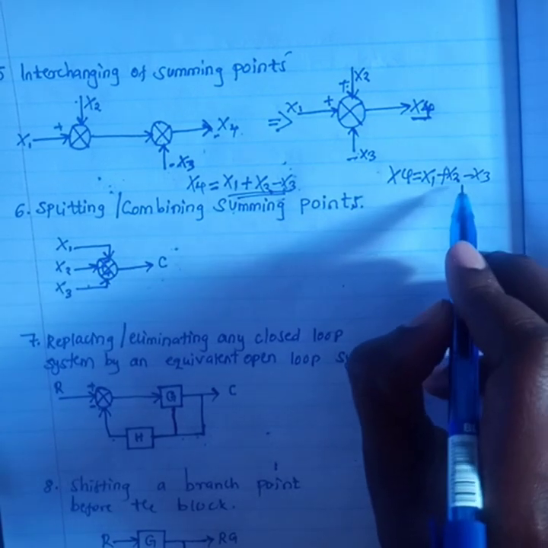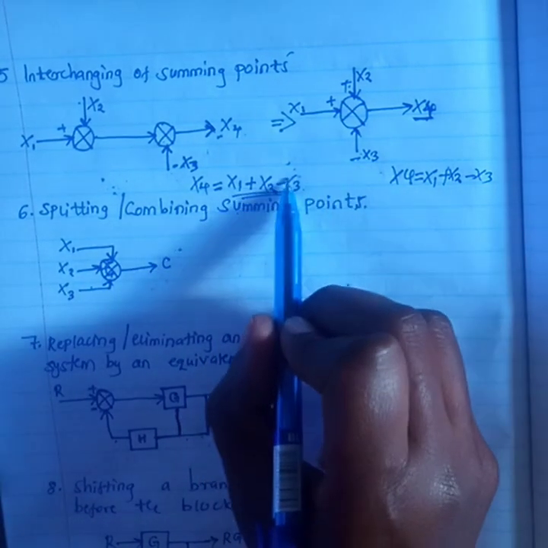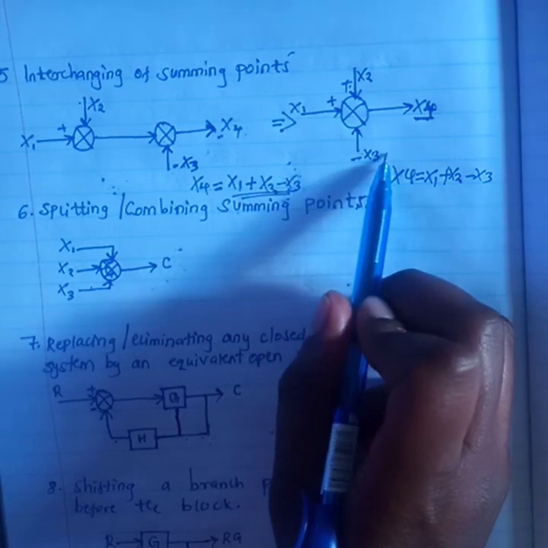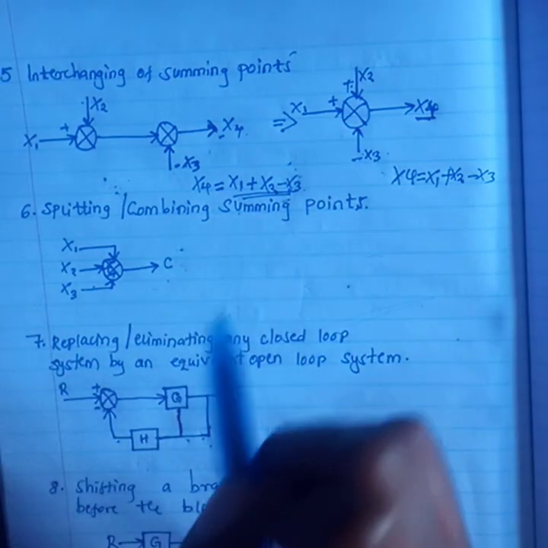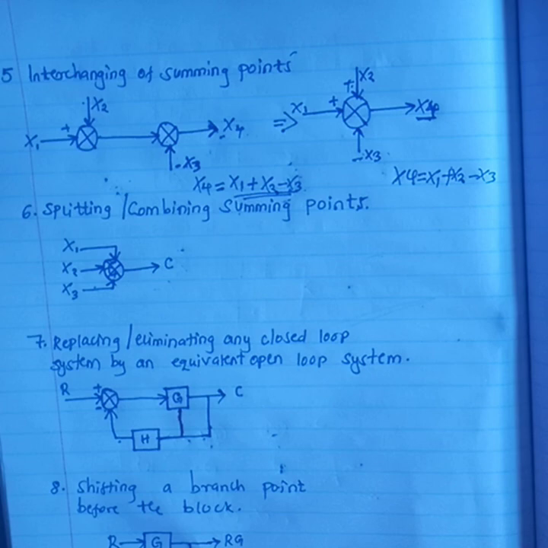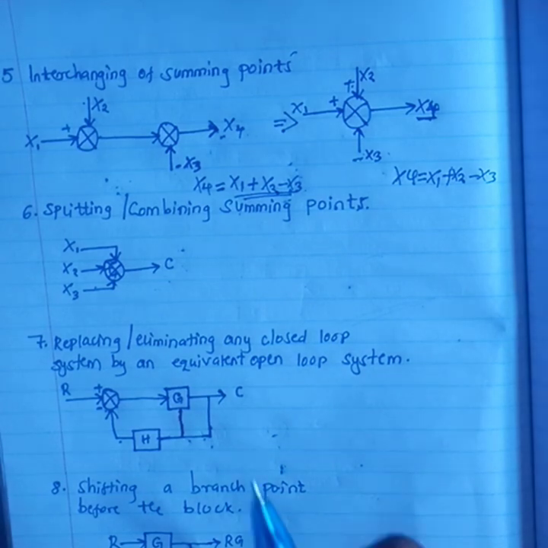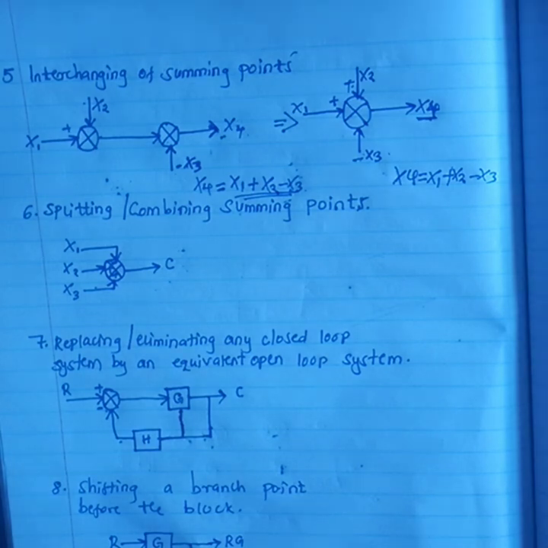So you still find that the answers for the two are just the same. So in a case where we have a block diagram that has several summing points, you can just interchange them, or you can replace them with a single summing point, and that will not affect the output. So now let us look at rule number 6.